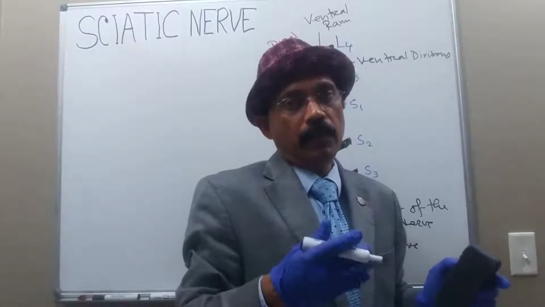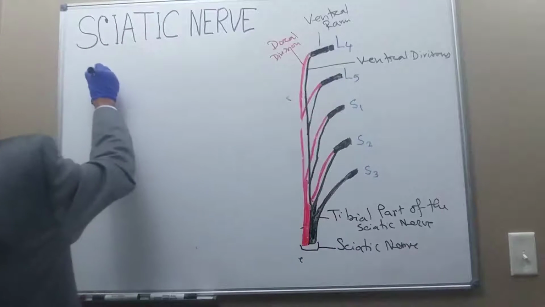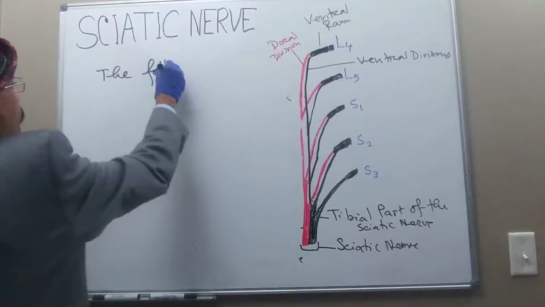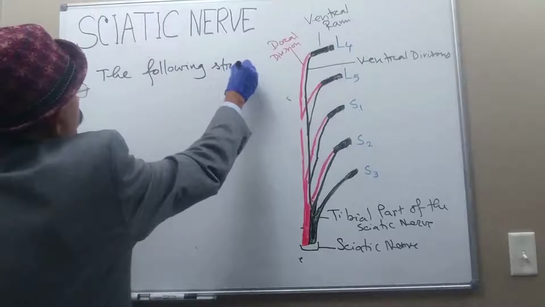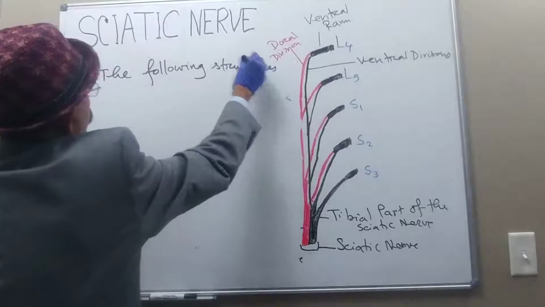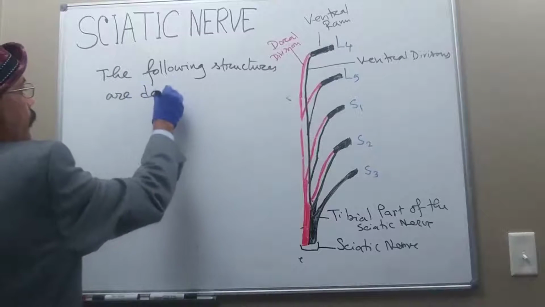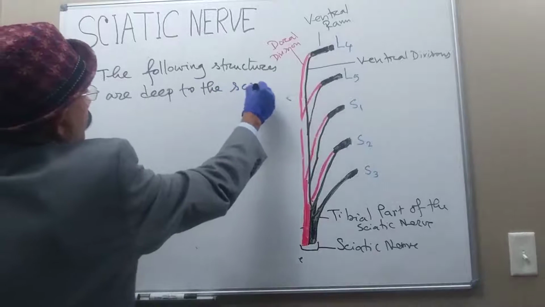What structure is anterior to it? The following structures are deep to the sciatic nerve.